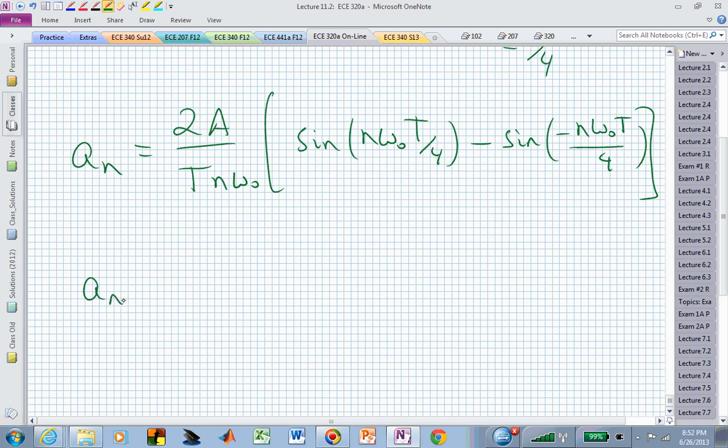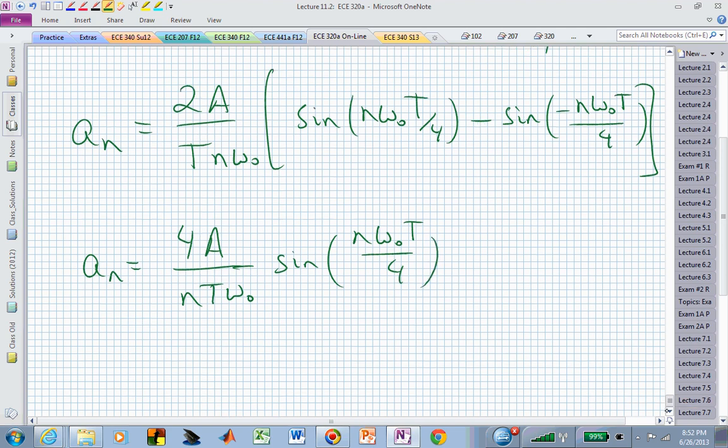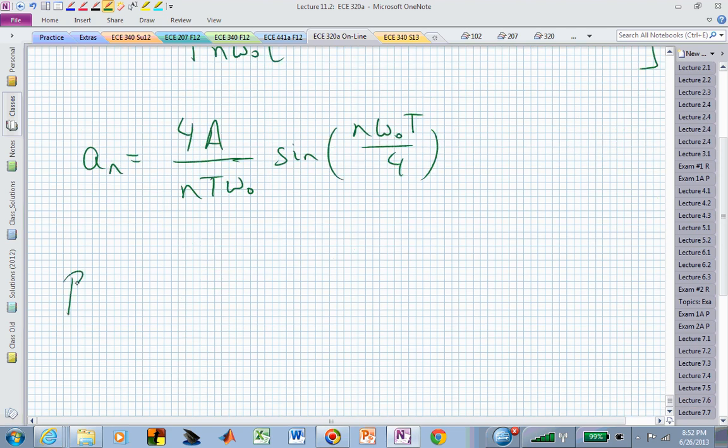We now have a sub n is 4a over n t omega naught, and t and omega naught are actually related to each other, and we'll clean this up in just a little bit. Sine of n omega naught t over 4. Meaning, remember how omega naught and t are related.